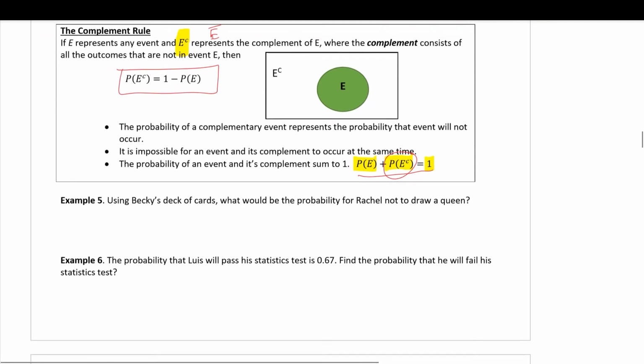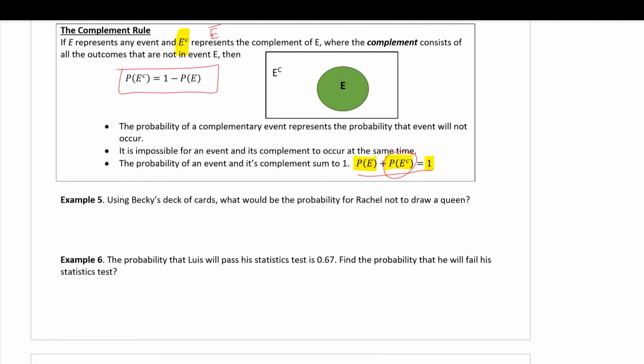Let's illustrate that with a couple examples. Using Becky's deck of cards, what would be the probability for Rachel not to draw a queen? Well, not to draw a queen, that's the complement of getting a queen, right? So the probability of not a queen, I guess if we're using the notation, we can call this queen complement. That would be 1 minus the probability of obtaining a queen.